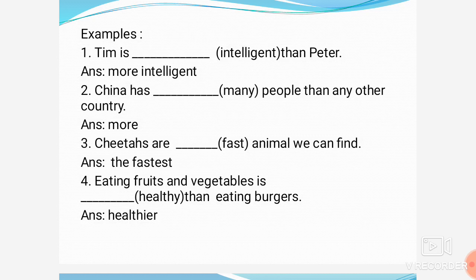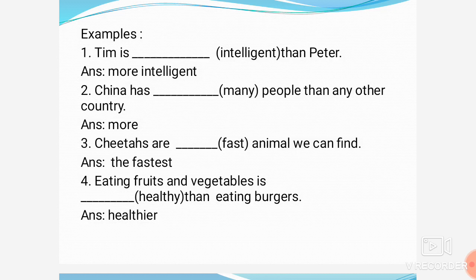Fourth example is eating fruits and vegetable is dash than eating burgers. Healthy is the adjective. Rule number 2. Why? The positive degree ends with the letter Y. So what you have to do?